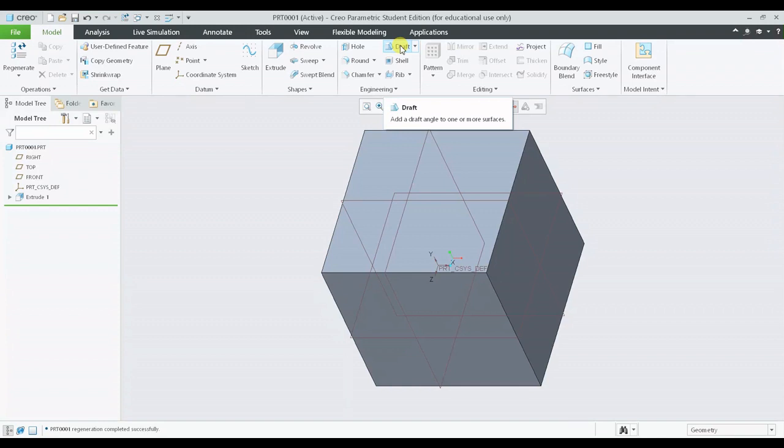Most importantly, a draft may prevent the part from getting damaged when we are ejecting it from the mold.